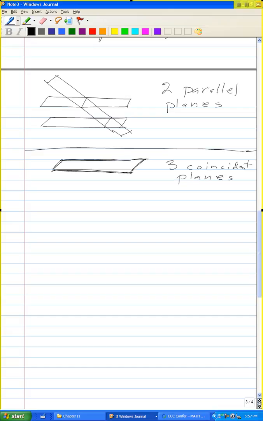In which case, we have an infinite number of solutions. In fact, every point on the plane will be a solution.